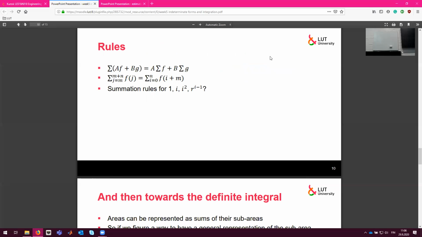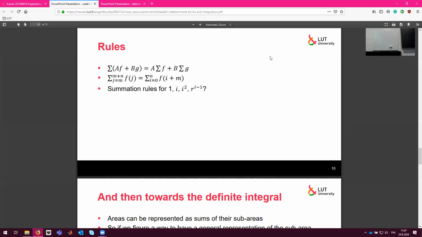We have some rules for those. If you reduce these to their elementary school forms, the value of f at 1 plus the value of f at 2 and so on, you can clearly see that we can take the common factors out. We can divide by pluses.